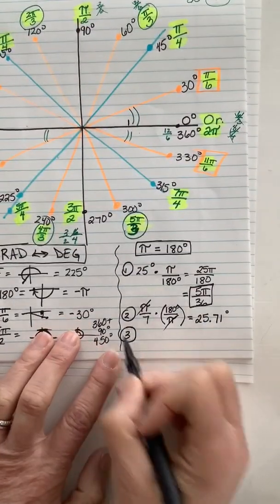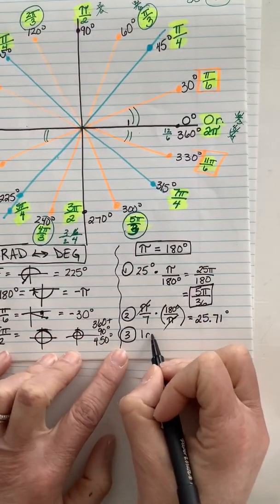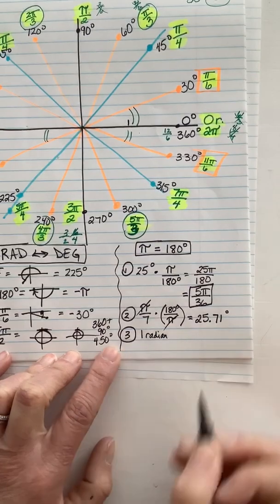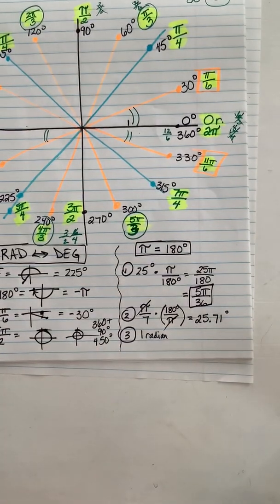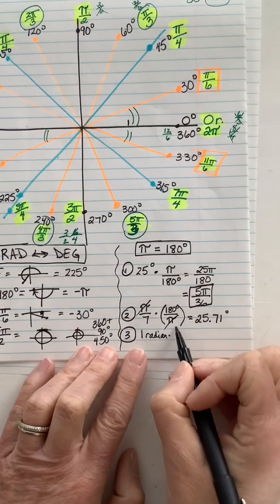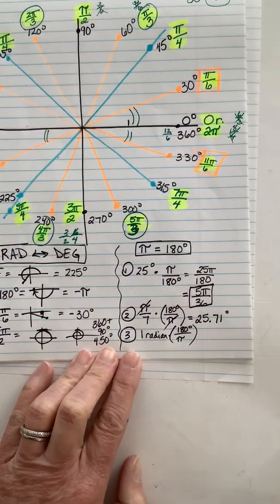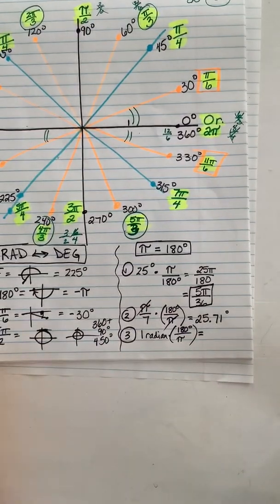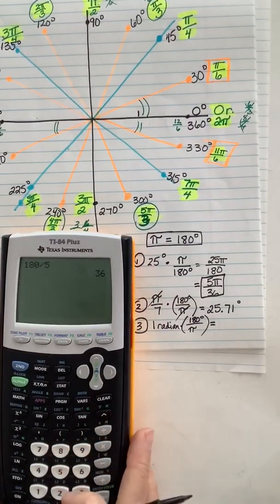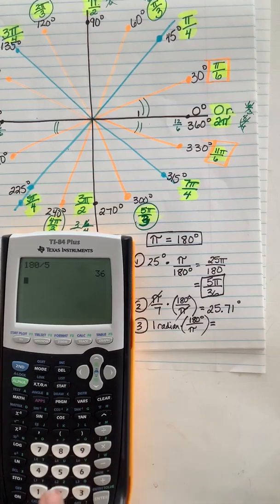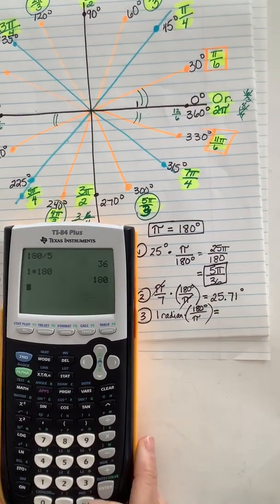Hey, what about 1 radian? What if I just have 1 radian? It doesn't even say anything about a pi. Okay, well, if I want to convert to degrees, I'm going 180 divided by pi radians. So in my calculator, I'm going to do 1 times 180 divided by pi. I don't even need to do 1 times 180, but I'm going to. 1 times 180 is 180.